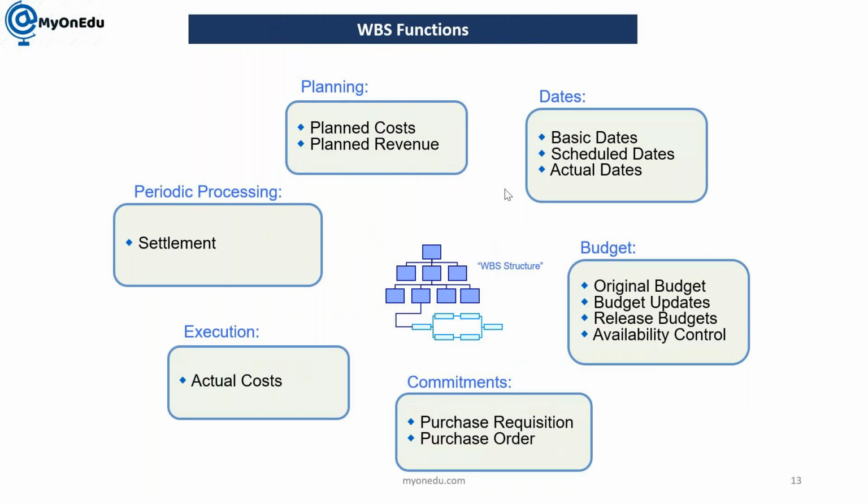Actual dates are when we actually work on that WBS element. Then budget: we have original budget, budget supplement and transfer, like how we did in IM. Release budget and availability control is the additional which we don't have in IM. Commitment: we can create a purchase requisition and purchase order. Execution: actual cost we can confirm, and then further we can have settlement.